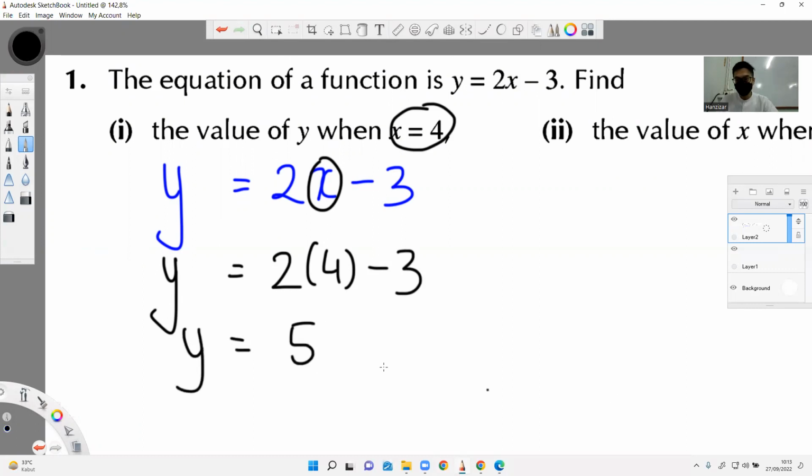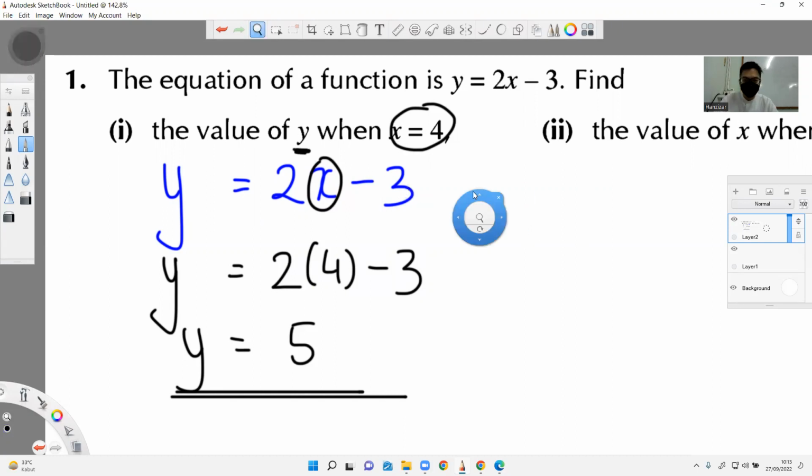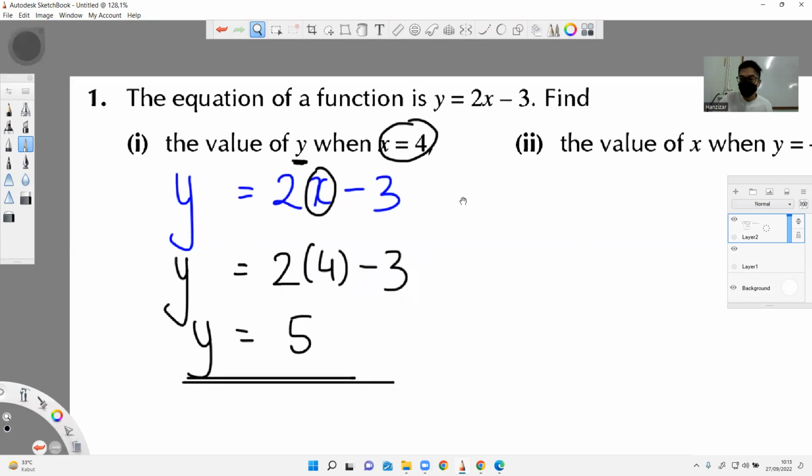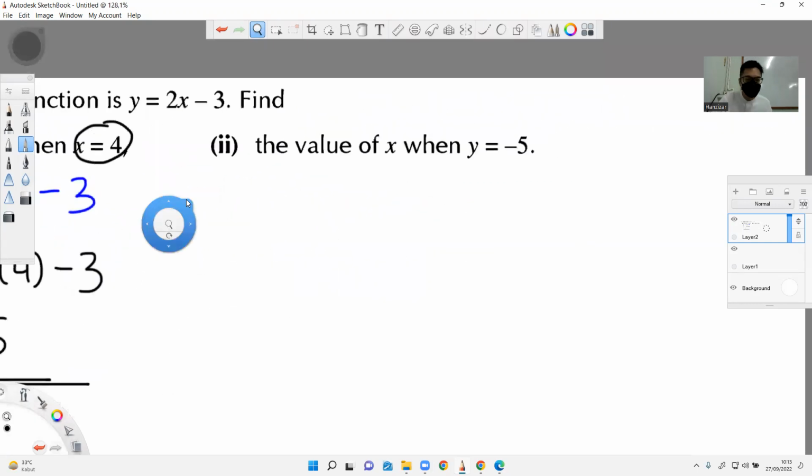That's it, good, nice answer. Easy, right? Is it? No, x is already 4, so you only find the value of y. Understand? Okay, keep paying attention. I only give you discussion about 2 questions, and I will give you extra questions to be discussed later.